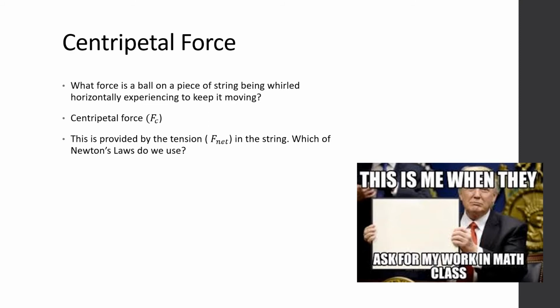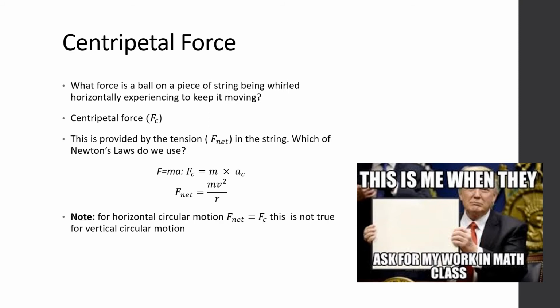Which Newton's law do we use to help us understand this? F equals mass times acceleration. So the centripetal force equals mass times the centripetal acceleration that we've just been working with. The net force is equivalent to the mass times velocity squared divided by r if we substitute in the equation we derived earlier for centripetal acceleration.